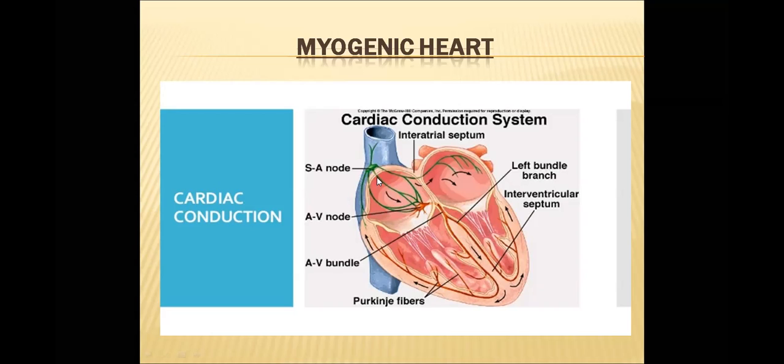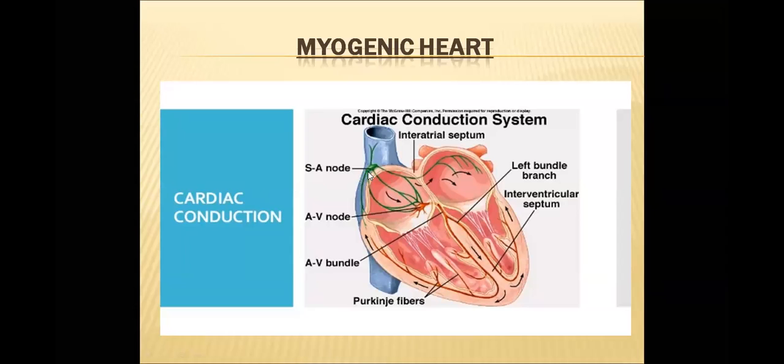These conducting fibers are connected to the AV node, and from this AV node we know that the bundle of His and Purkinje fibers will come, and these Purkinje fibers are distributed throughout the walls of the ventricles.